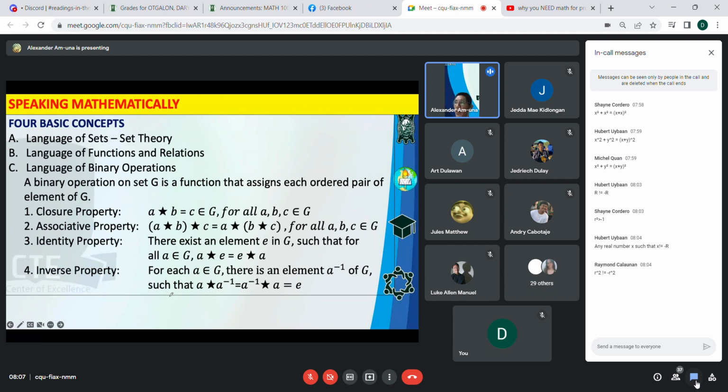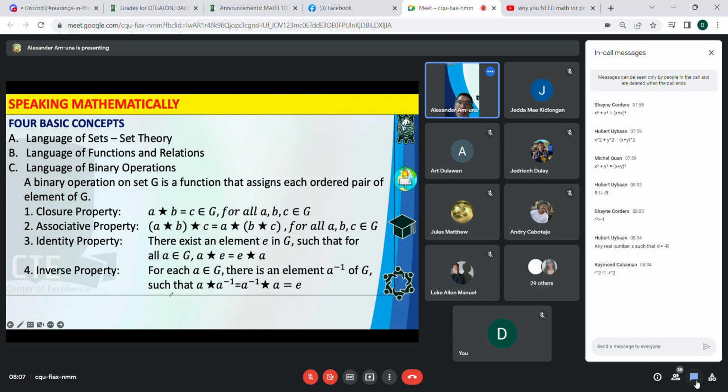When we say closure property, when we perform an operation between A and B, as you can see there, A, then you have the star symbol, B, that means any operation, it will now result to a C. Again, that is a number that we don't know. That's why we assign variables. Right? The result will be an element of G. And all of these, A, B, C, are elements of G.